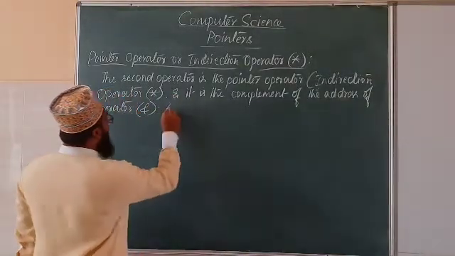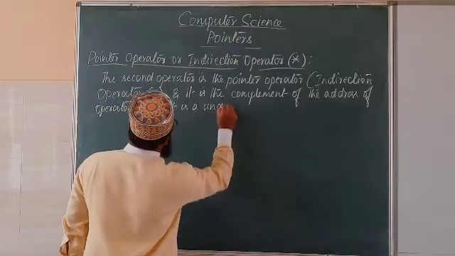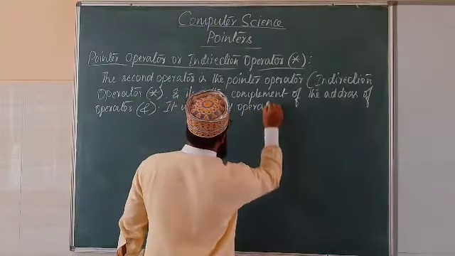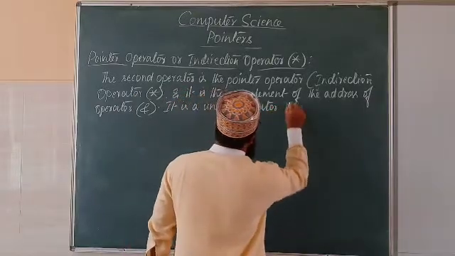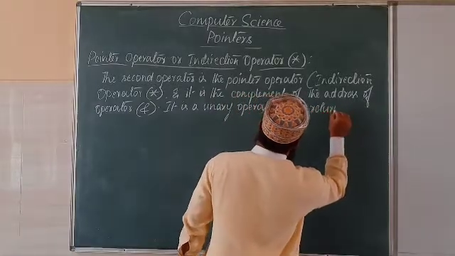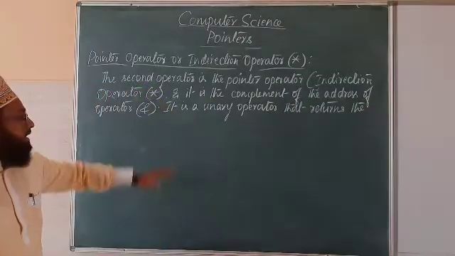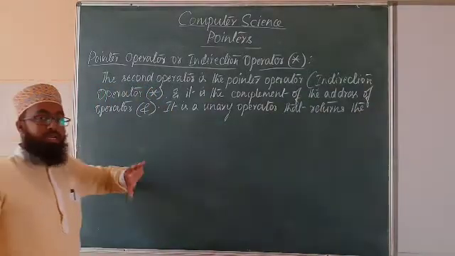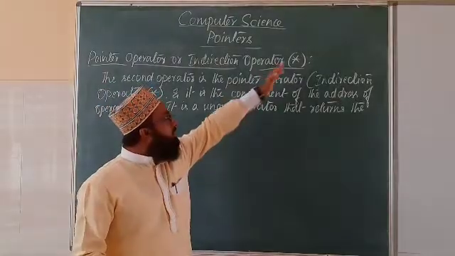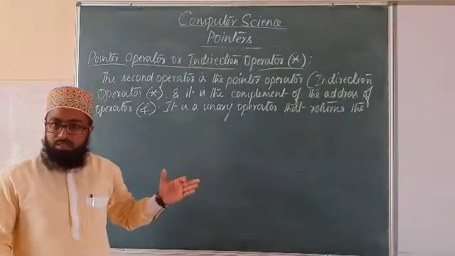It is a unary operator that returns a value. The address of operator returns the memory address of the operand, but what does the pointer or indirection operator return?